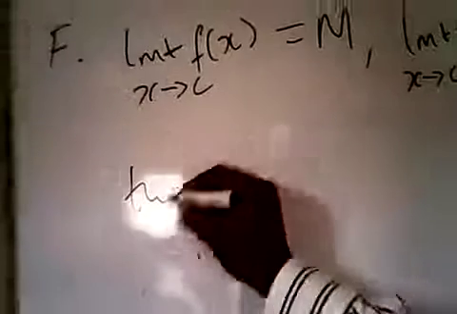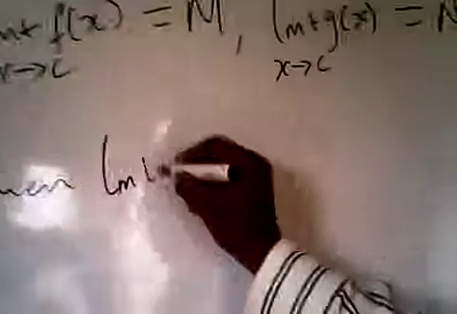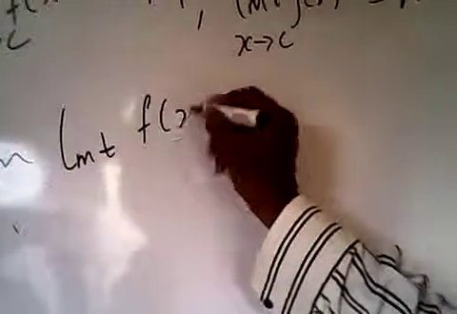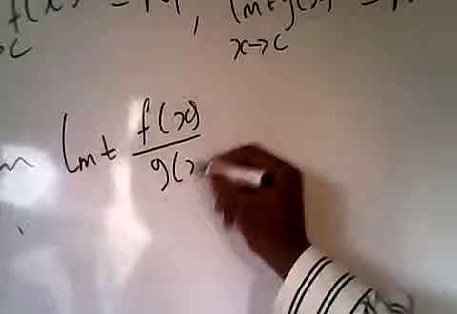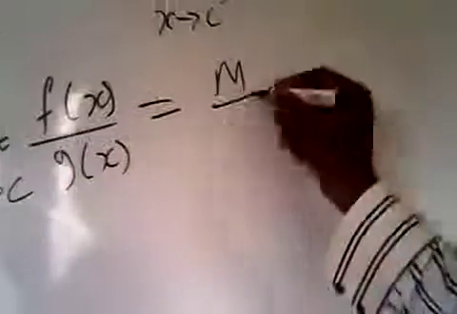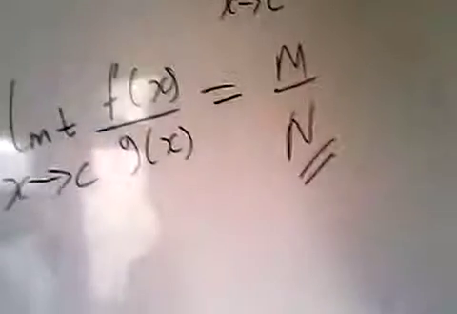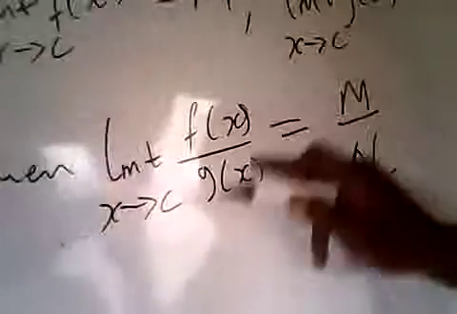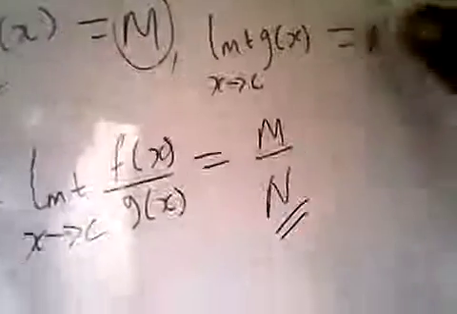The limit of f of x over g of x as x tends to c will be equal to m over n, the result of the first one over the result of the second one.